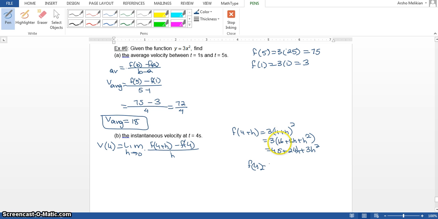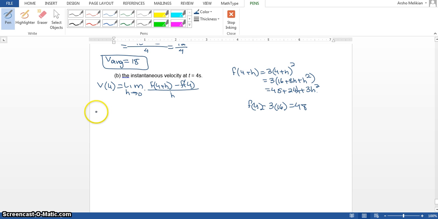And f of 4 is 3 times 16, 48. Where does the 16 keep coming from? It's 4 squared in this case, because you take this one. Okay, so v of 4 is the limit as h approaches 0 of this, so 48 plus 24h plus 3h squared minus 48 over h.